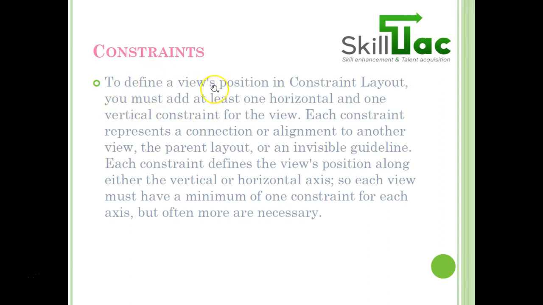To define a view's position in constraint layout, you must add at least one horizontal and one vertical constraint for the view. This is a very important point. Each constraint represents a connection or alignment to another view, the parent layout, or an invisible guideline. So basically it helps in alignment with each other.